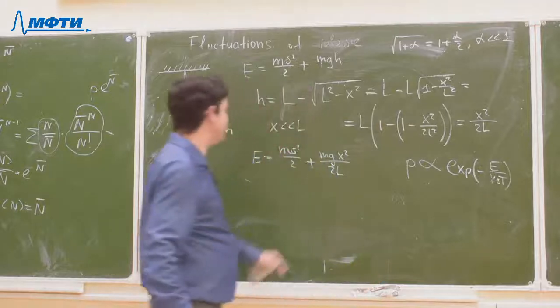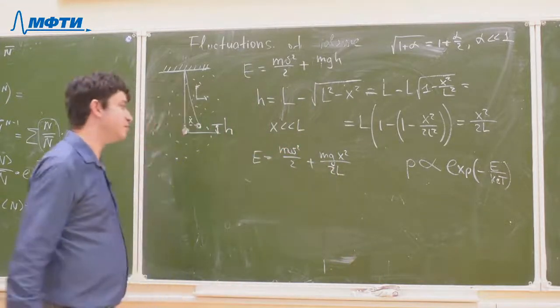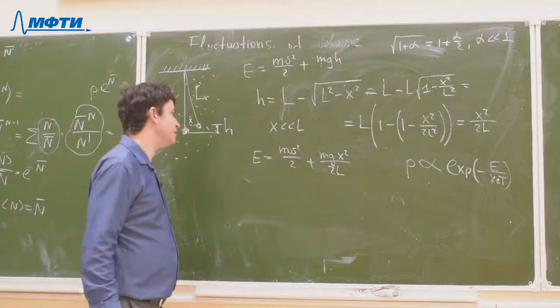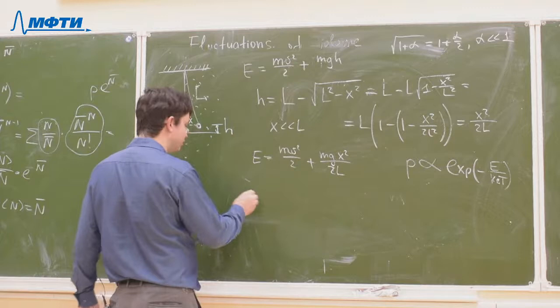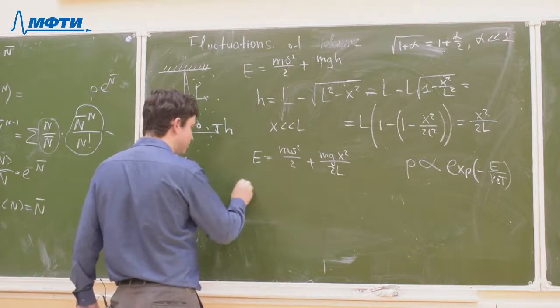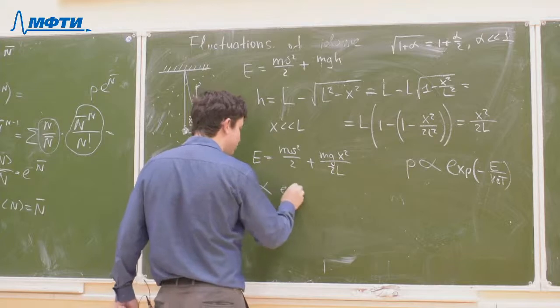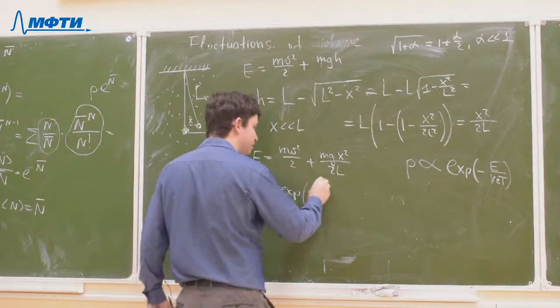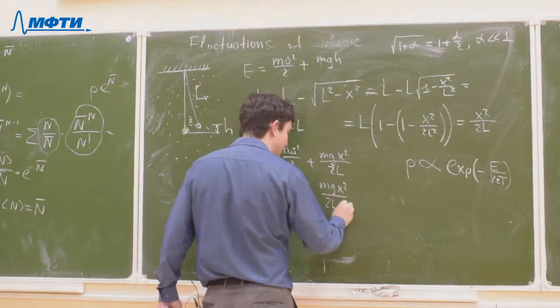Now let's assume that we discuss only the displacement. So we want to find the probability distribution for the displacement. That means that the probability to have some displacement x is proportional to exponent of minus mg x squared over 2L kBT.